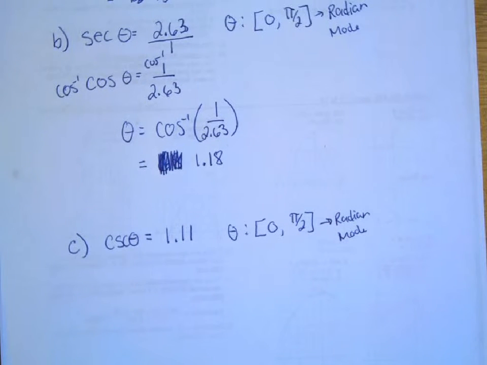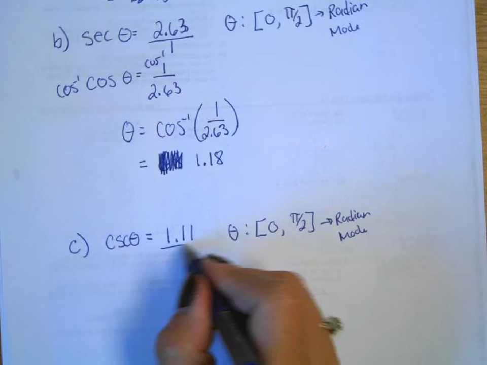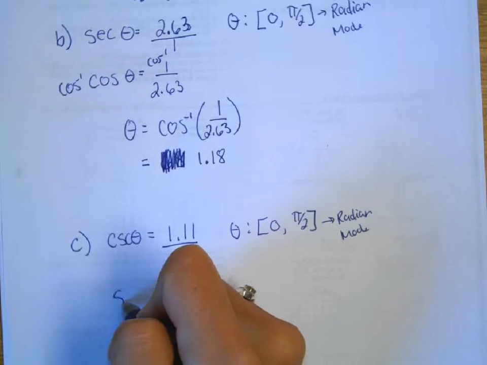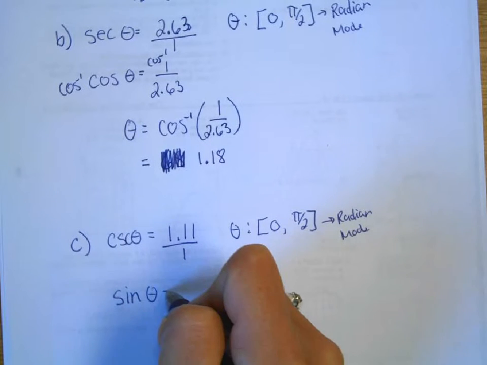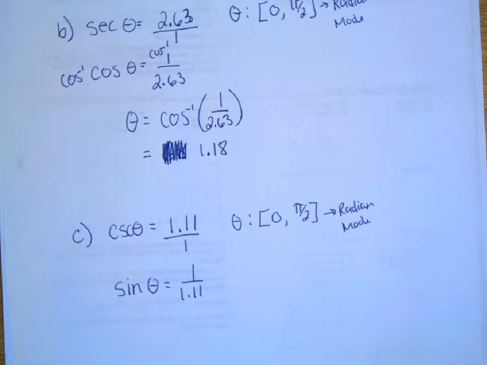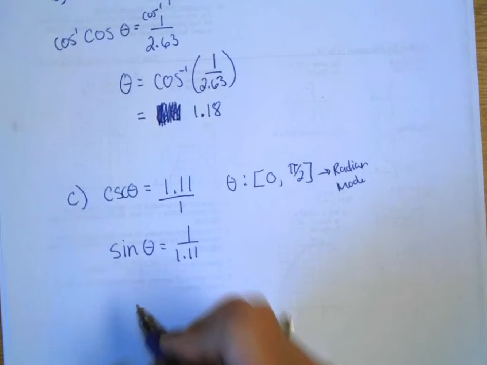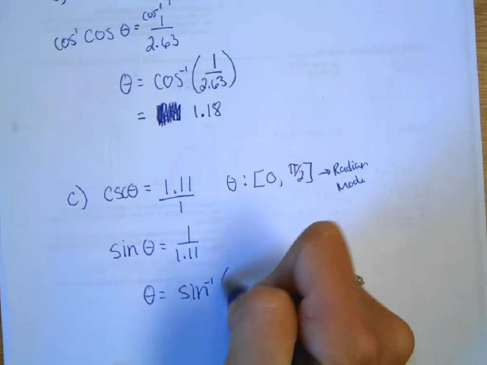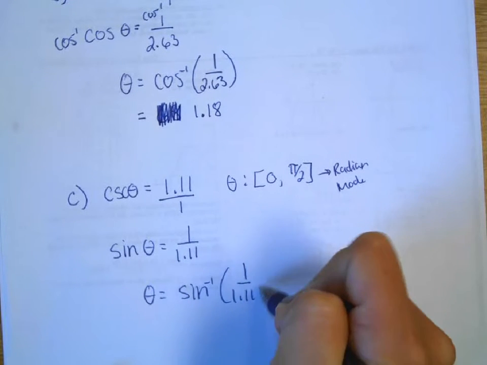We don't have an inverse cosecant, so we have to convert to what ratio? Sine is going to be 1 over 1.11. Then what do I need to do? The inverse sine of 1 over 1.11.